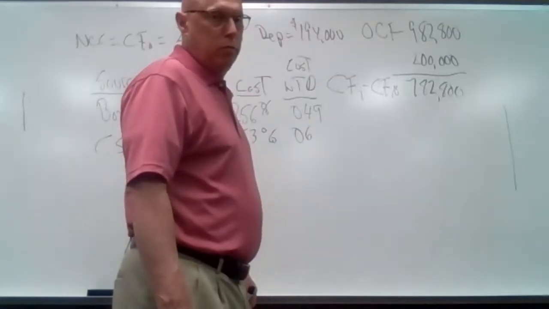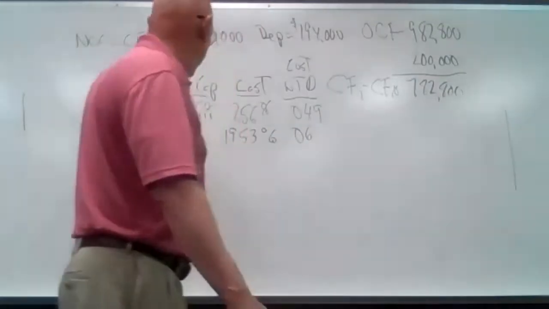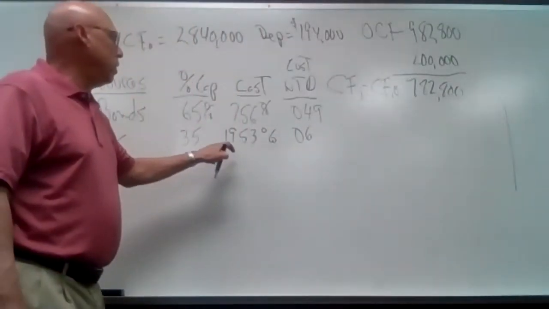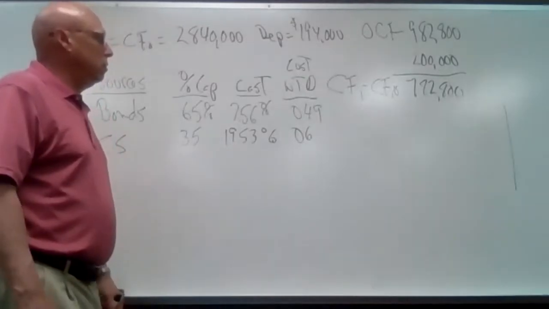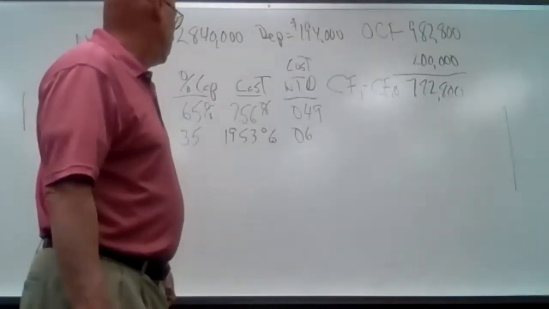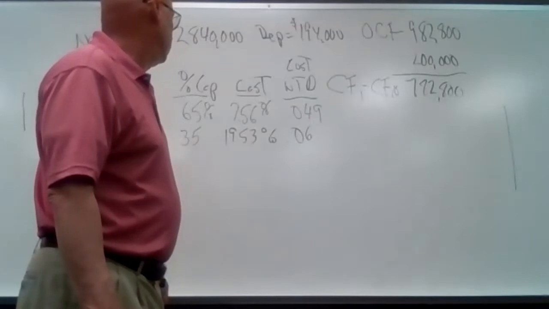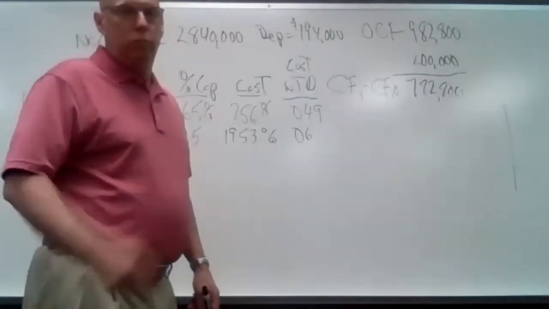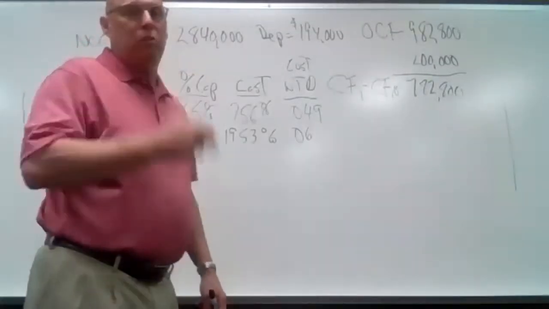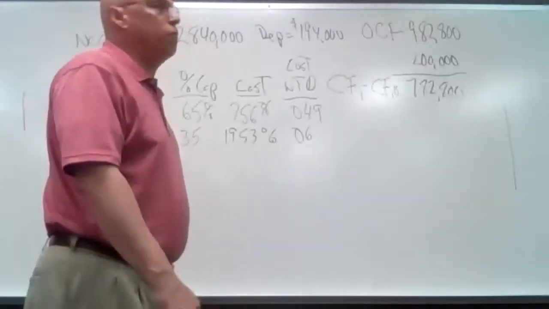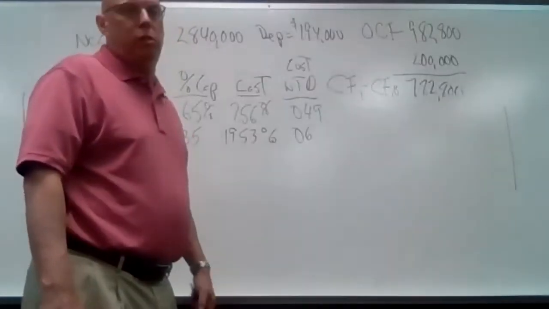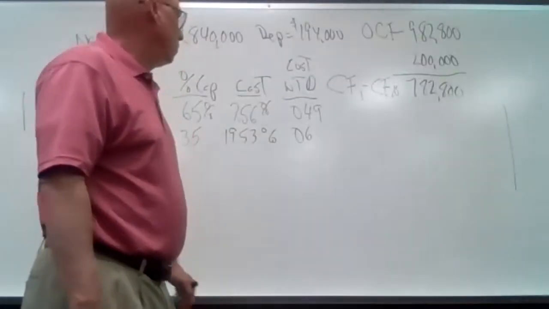What is it? 0.35 times 0.1953. What do we get? Somebody. There's 17 people watching, and so far I've heard only about 4 voices. 0.0683.